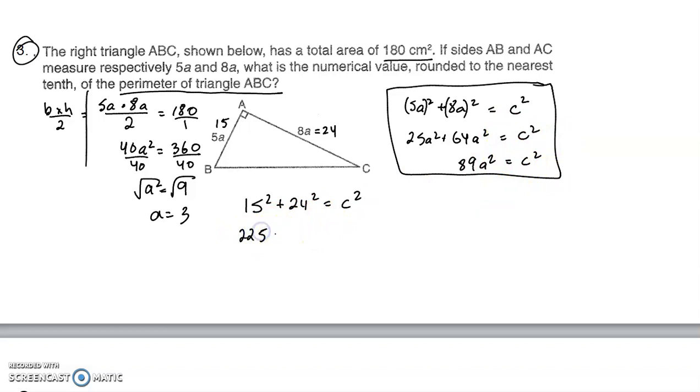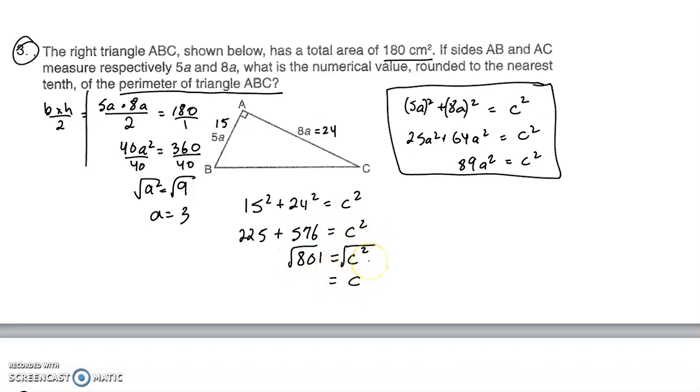So that's going to be 225, and 24 squared is, darn, 288 doubled, 500 something. Better just double check this on 24 squared. 576. And you're going to add it to the 225, 801. And you're going to get the value of c by square rooting both sides.